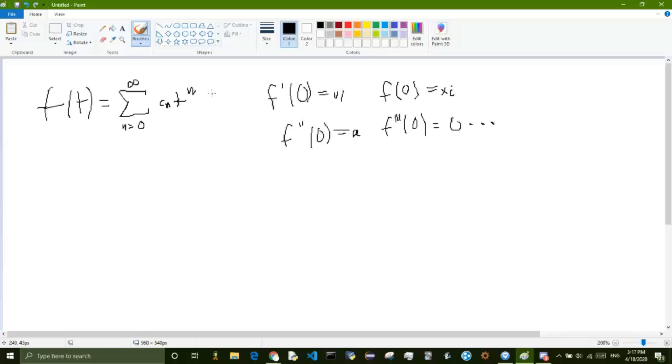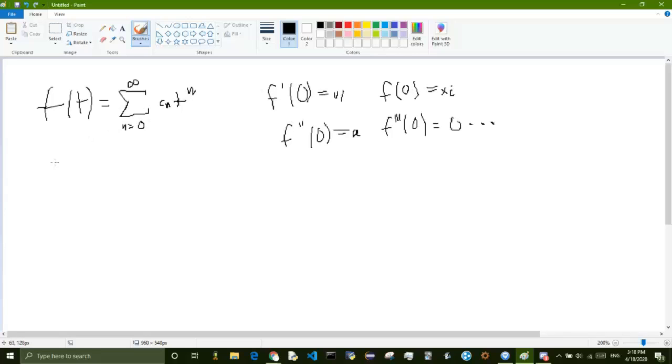All right. So then we can take the derivatives of this power series, right? Actually, let's just take the first derivative of the power series. You know f of 0 is xi, right? So just plug in t equals 0 into this.